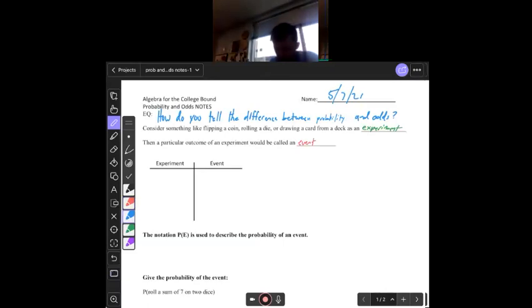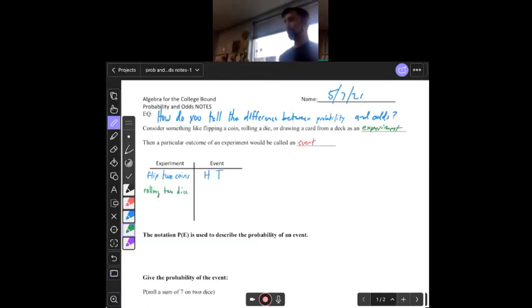So here I just wanted to talk about some experiments and what a possible event might be. If our experiment was to flip 2 coins, what's something that could happen when we do that? What could be one of the events? Flip 2 coins, you get 1 heads, 1 tails. Okay. What if your experiment is rolling 2 dice?